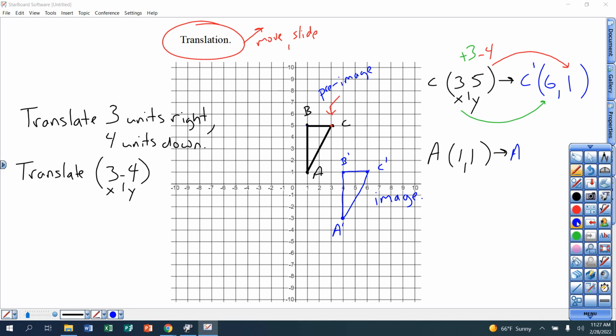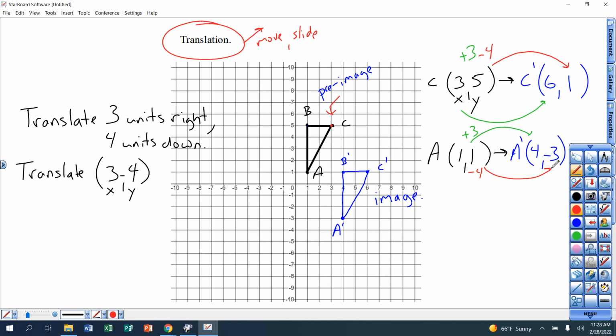The new A prime, you can see is the point 4, negative 3. And it should match that too. For the X one, did I add 3? Yep, 3 plus 1, 4. For the Y one, did I take away 4? Yep, 1 minus is negative 3. That is right. Second word is slide. Slide.